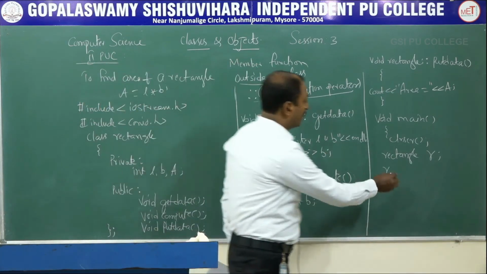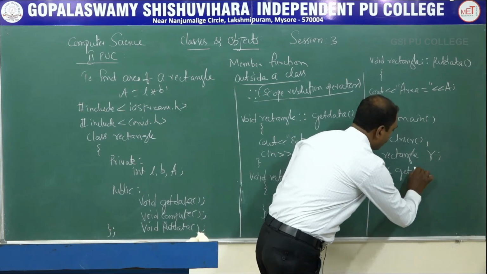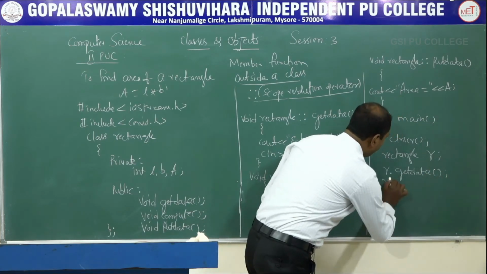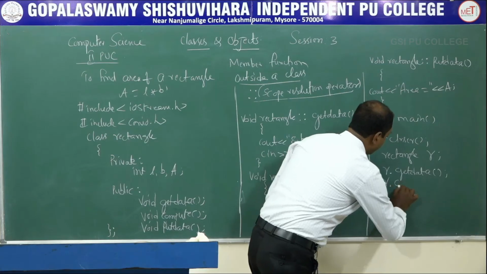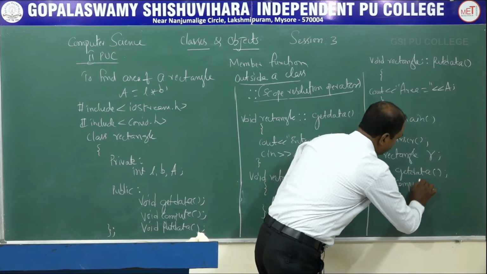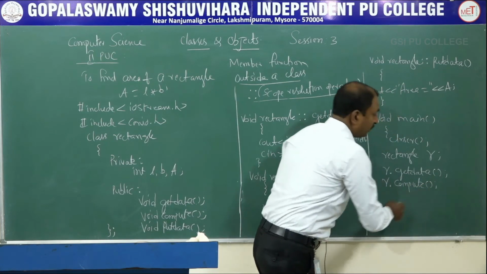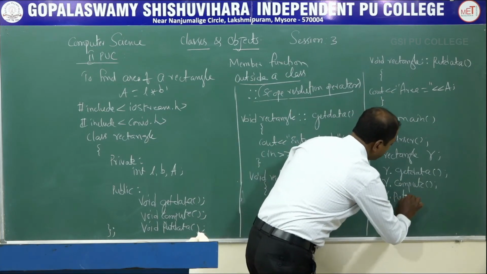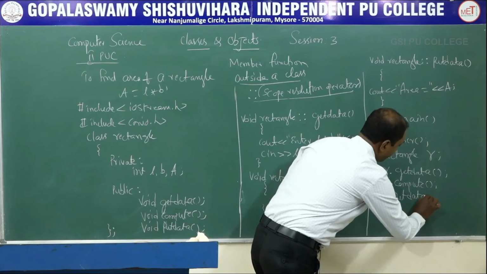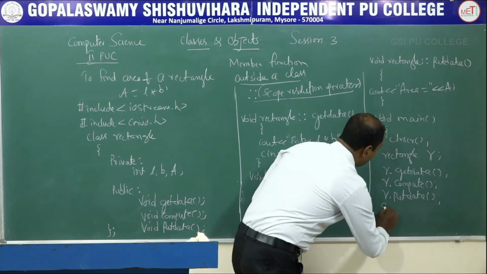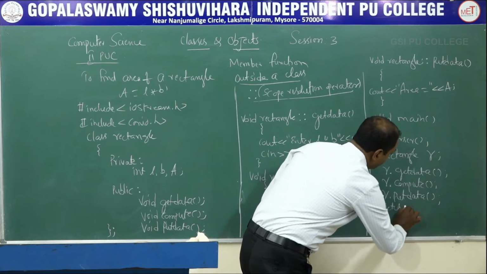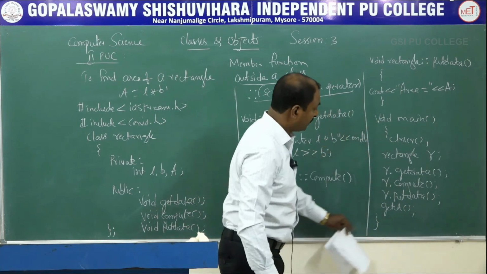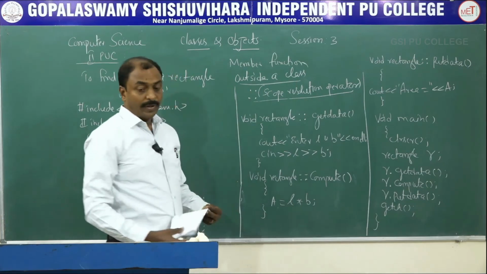So R dot get data, then R dot next function compute, and after this R dot put data. The last statement generally we write is getch, and close this flower bracket. So this ends your main function.